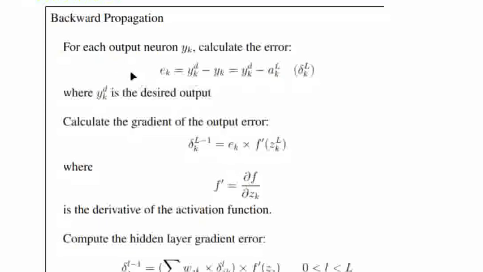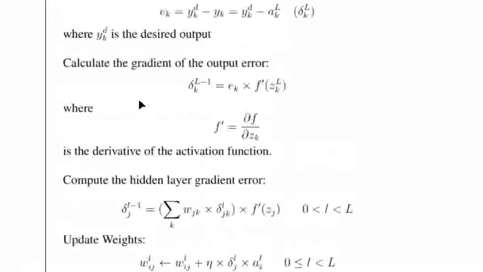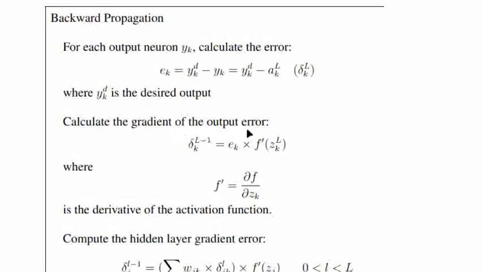So the details of the backward propagation are like this. For each output neuron yk, we calculate the error ek equals ykd, which is the desired value, minus yk. We also call this AKL, so it is equal to YKD minus AKL. Sometimes we call this delta KL for the convenience of programming. Then we calculate the gradient of the output error.